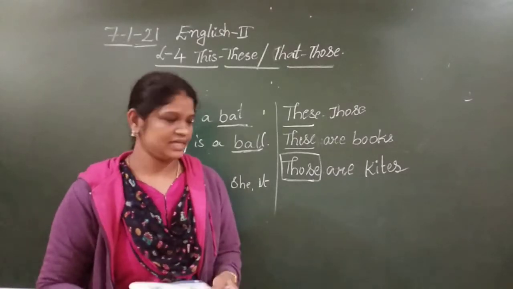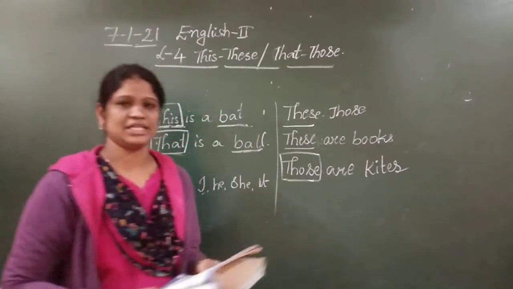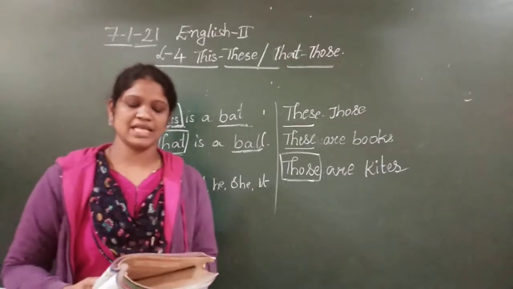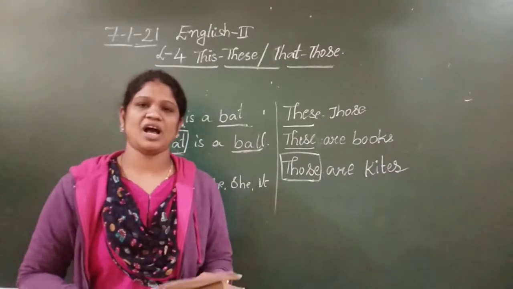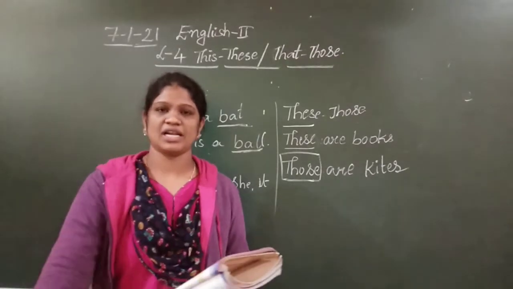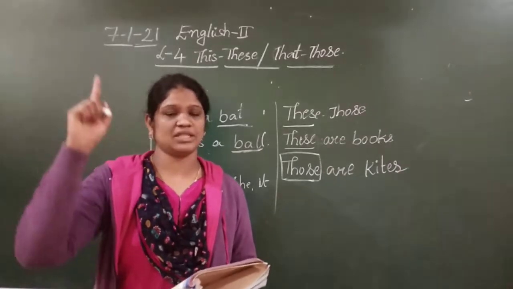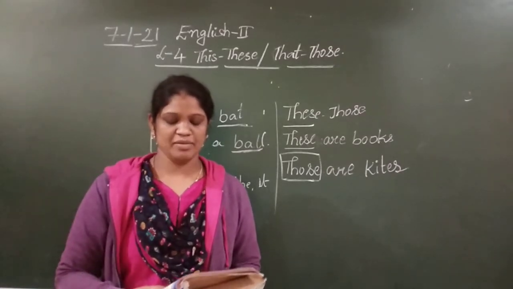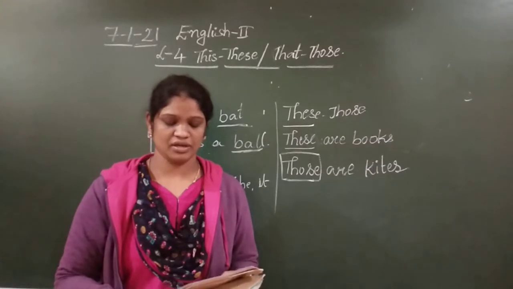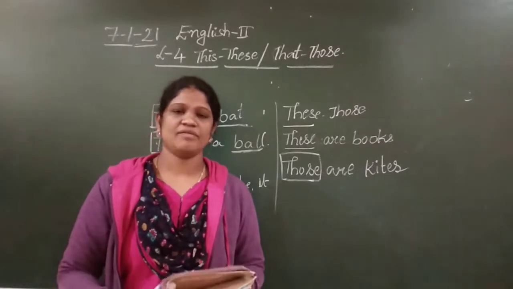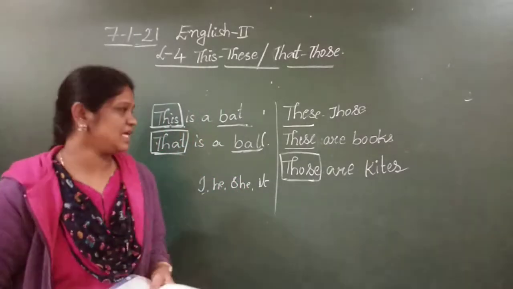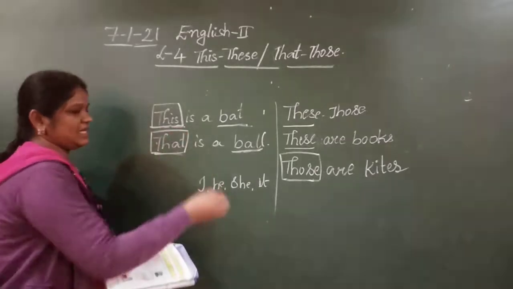We will call it those. Okay children, got it? We use this and these for naming words which are near us. And that and those are naming words far from us, very far from us. See, this is a book, very near it is.